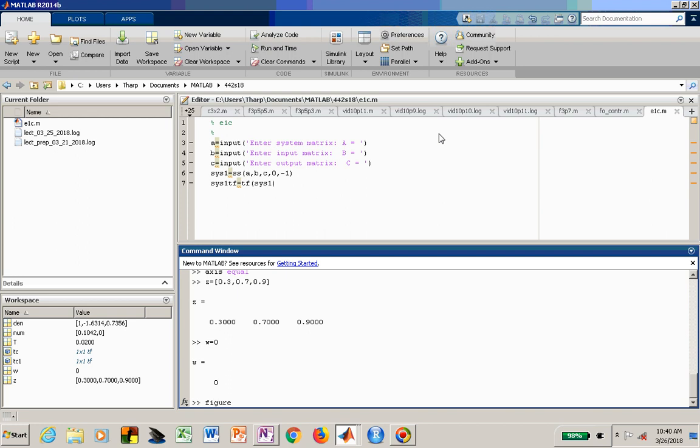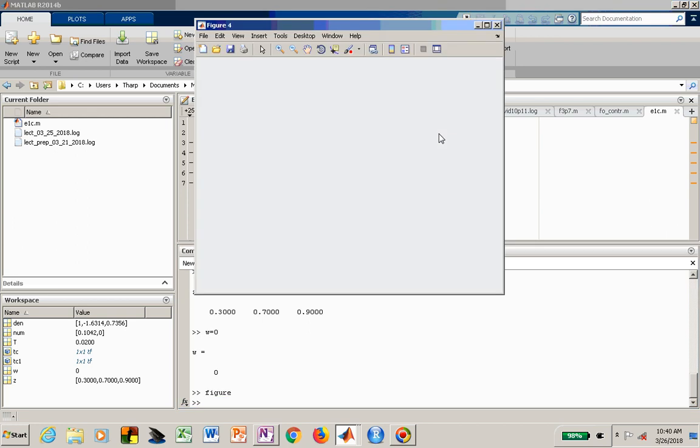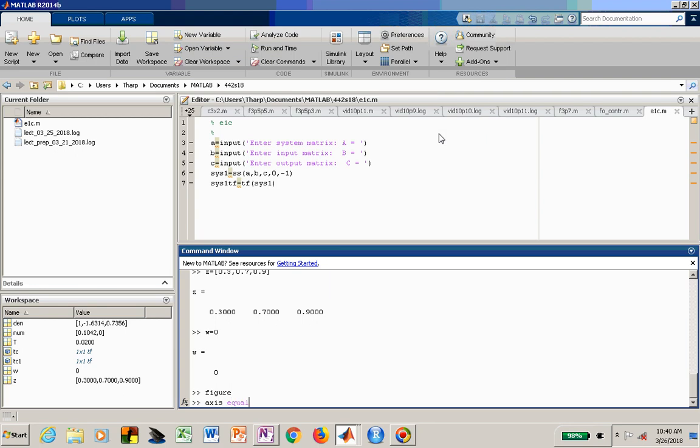Now let's open up a new figure window. We don't want to get rid of the one we just created. Let's go ahead and say our axis is equal so that the angles are all nice, and do a z-grid in terms of z and w.